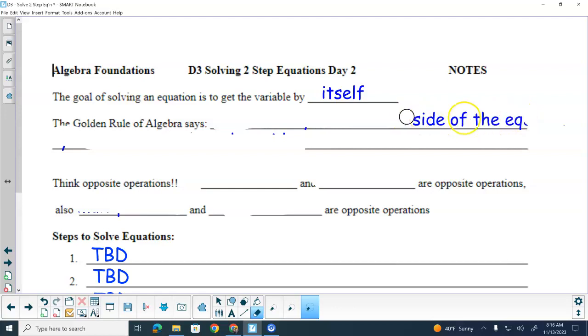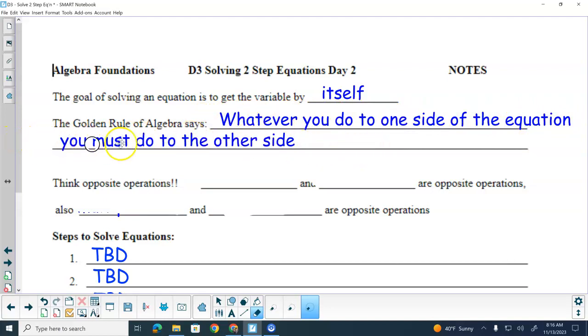So the golden rule of algebra states that whatever we do on one side of our equation, we've got to do on the other side. And the key word there is must. Whatever we do on one side of our equation, we must do on the other side of the equation. We'll pause here so you guys can get that written down.